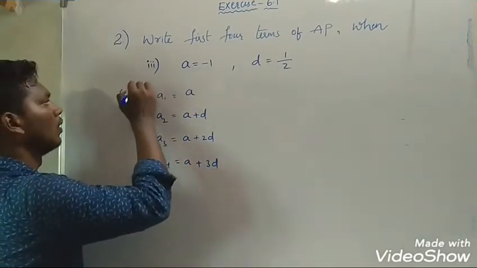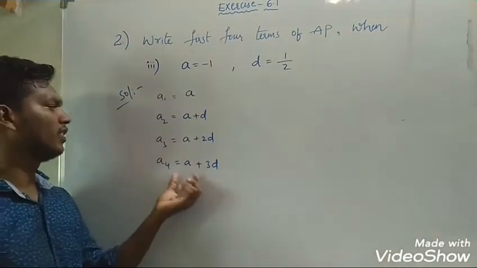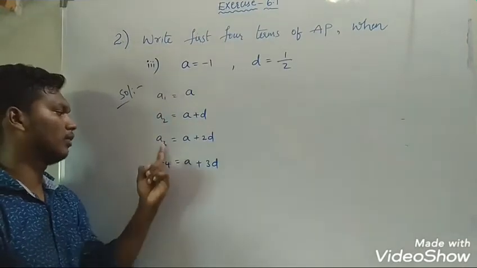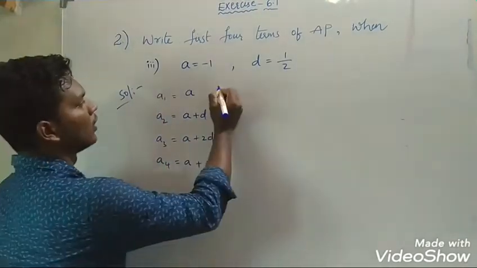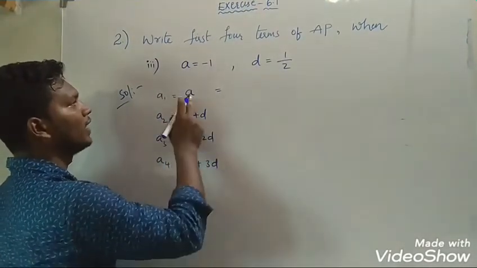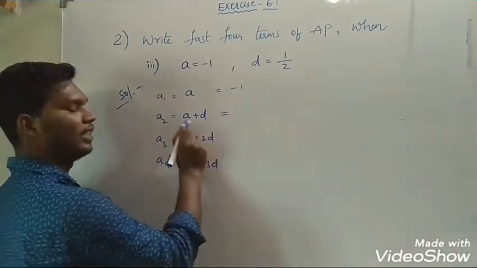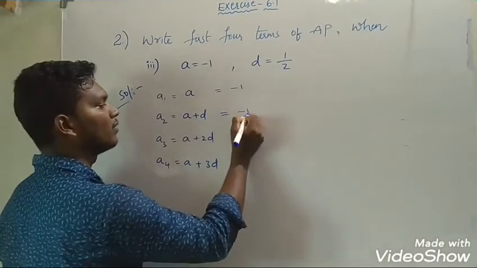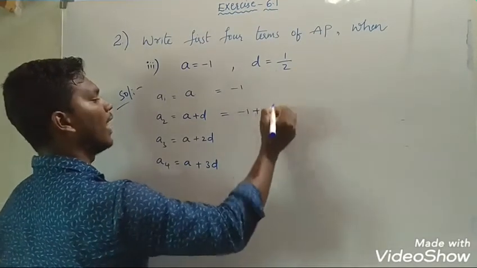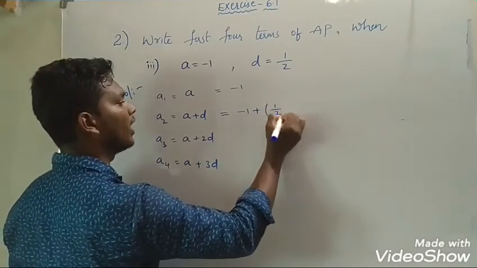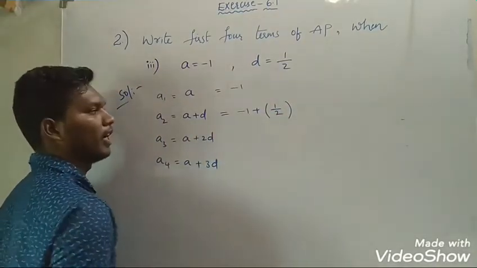Okay friends? So a1, a2, a3, a4 are the first term, second term, third term, fourth term. So substitute the values of a and d. a is minus 1, so I am writing minus 1. Here we have a plus d, right? So the value of a is minus 1 plus the value of d, 1 by 2.